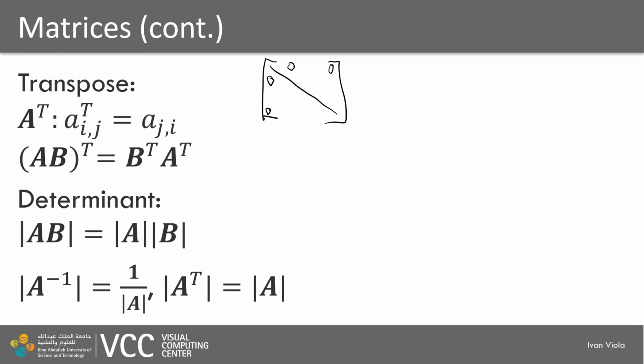This is a simple operation, not as computationally expensive as inverse calculation, because it is just changing the indices. It also holds that the transpose of a product of matrices is equal to the product of the two transposed matrices in a reverse order.